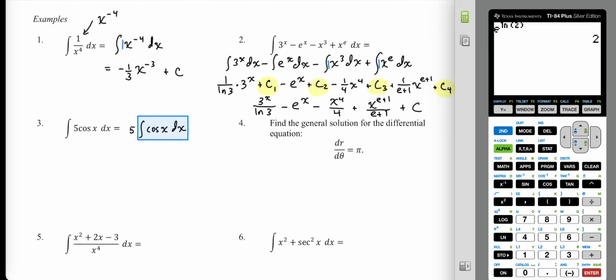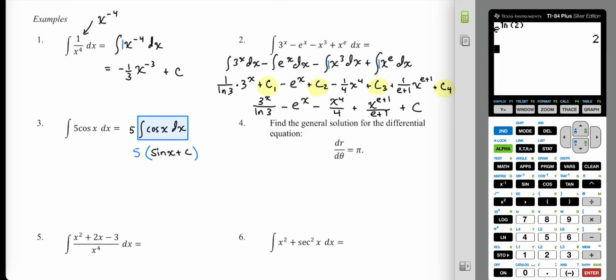So 5 cosine x isn't a rule, but if I pull out the 5, it becomes a rule. Because we'll learn down the line in the second unit integration by tables, and this kind of leads into that idea. So antiderivative of cosine is sine x plus c, and that's going to get multiplied by the 5.